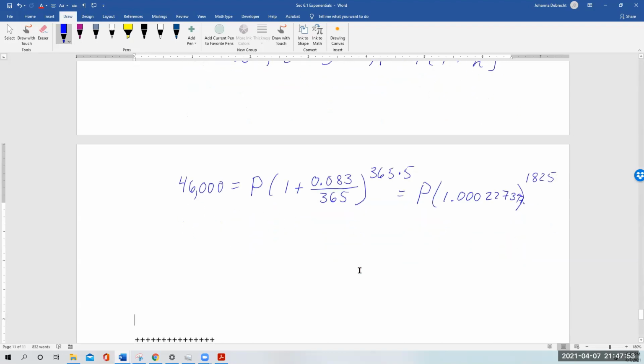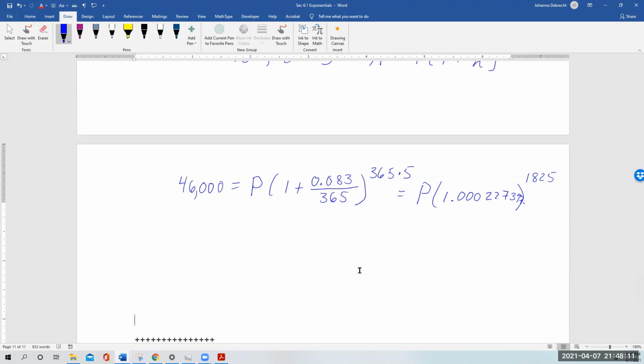The next thing I want to do is take this number and raise it to the 1,825 power. Hit your power button, which will either say X to the Y, Y to the X, or will look like a housetop caret symbol.